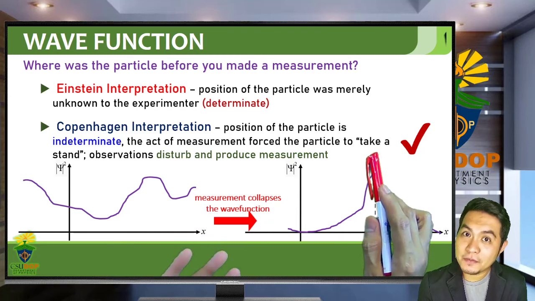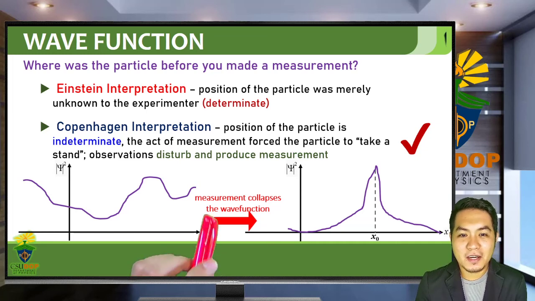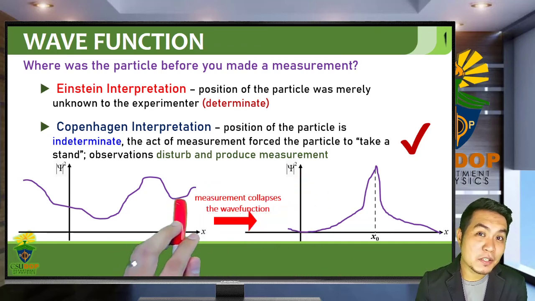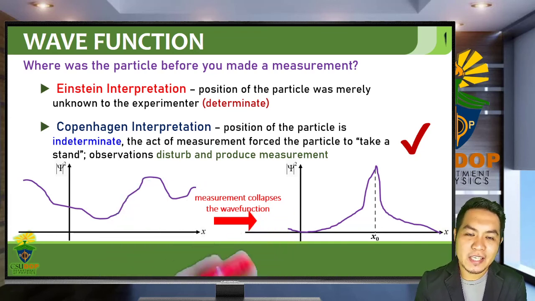That is, if you make a quick measurement. So the wave function will collapse if you make a measurement. In quantum mechanics, you will only get probabilities: the probability that the particle is in this position, the probability that the particle is in that position. There will be positions with higher probabilities, and positions where it is very unlikely.